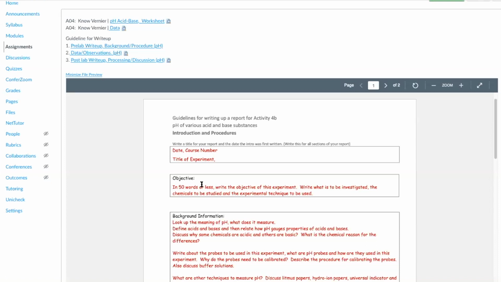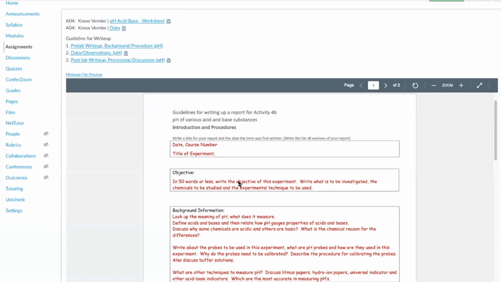In this particular case, we're going to be studying certain chemicals, and we're going to be studying the pH levels of these chemicals, and then what type of experimental technique are we going to be using. And we're basically just going to be measuring the pH based on the Vernier probes and test papers. So that's what you're going to include in this particular objective, something that's to the point.